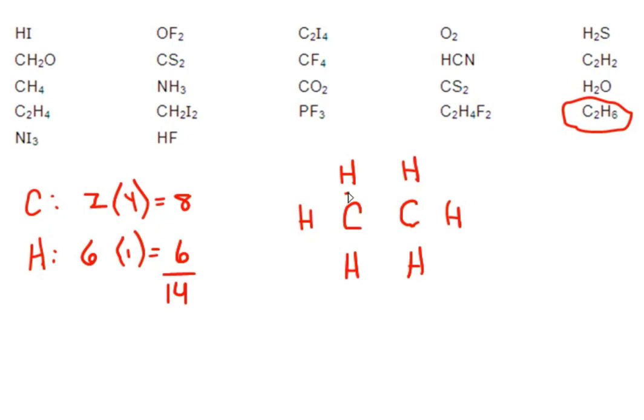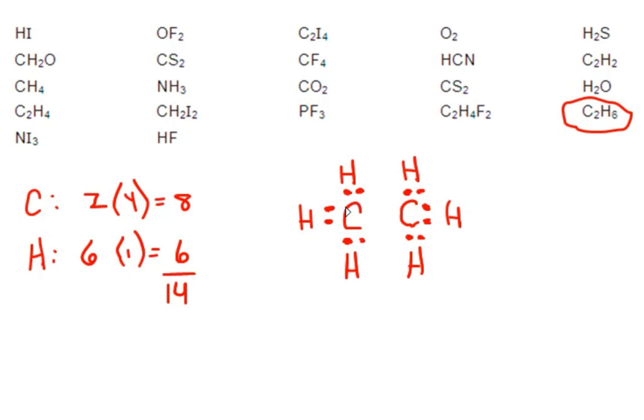So the next step is to join these central atoms to the outer atoms with electron pairs. And after we do that, we'll determine what kind of bond exists between the 2 carbons.